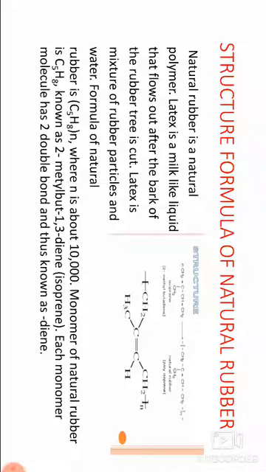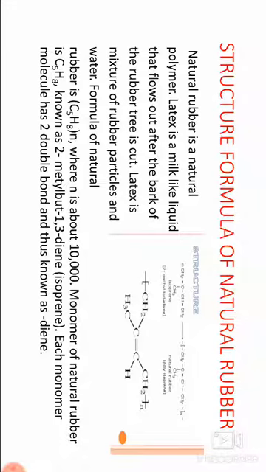Then the structure or formula of natural rubber. Natural rubber is a natural polymer. Latex is a milky liquid that flows after the bark of the rubber tree is cut. Latex is a mixture of rubber particles and water.